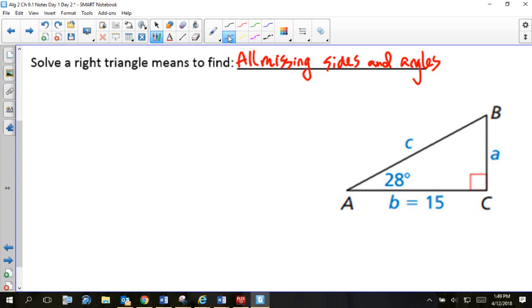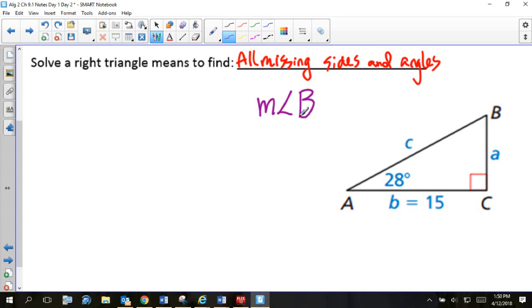All right, guys. What do we have to find? Which angle is missing? We know angle A, we know angle C, so the measure of angle B we need to find. Remember in geometry, when you find the measure of angle B, you write little m, angle, capital B. The capital stands for the angle, lowercase is sides.